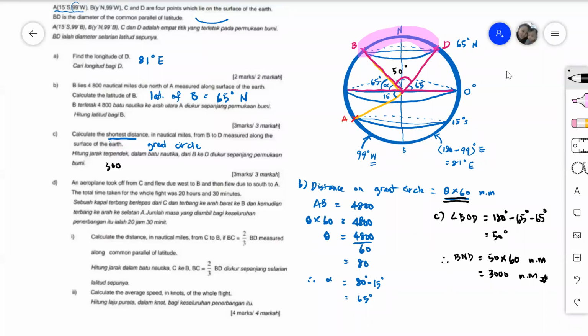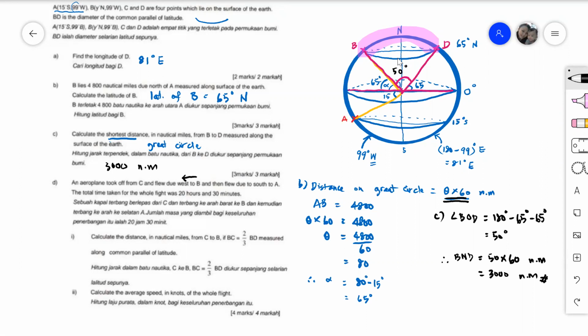Okay, 3,000 nautical miles. Now the last part of the question, part D. An aeroplane took off from C. Now, where is C? It's not on our diagram, but it says the aeroplane took off from C and flew due west to B. Due west means towards west. That means C must be along this latitude. But where is that point of C?